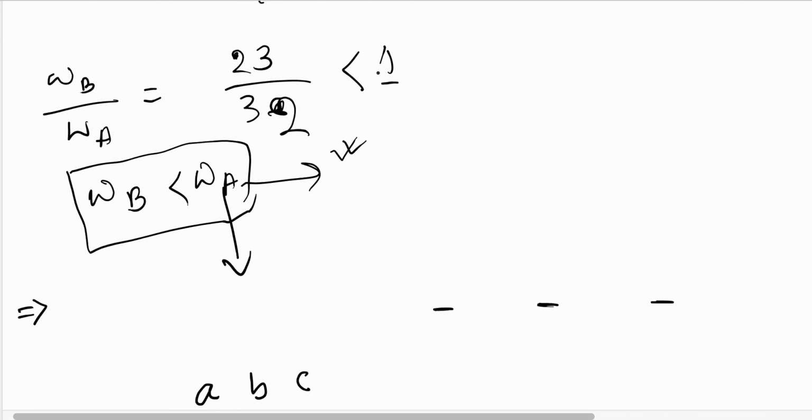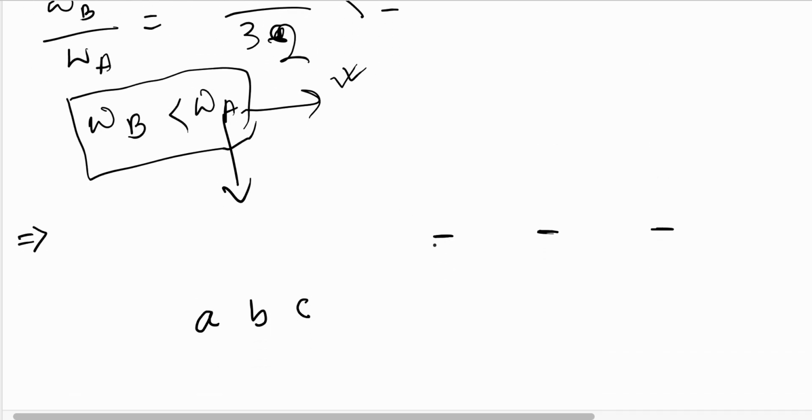So in how many ways can the potential energy be 8 omega h, right? First let's see: the height will be h, and since everyone's weight is W, the potential energy of an individual on this staircase will be WH.